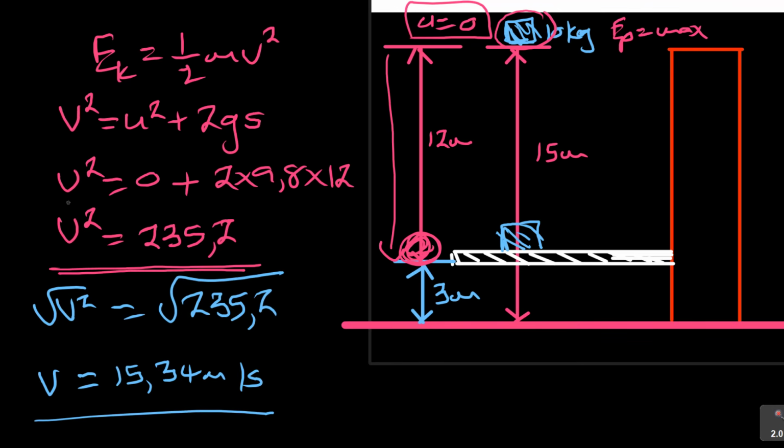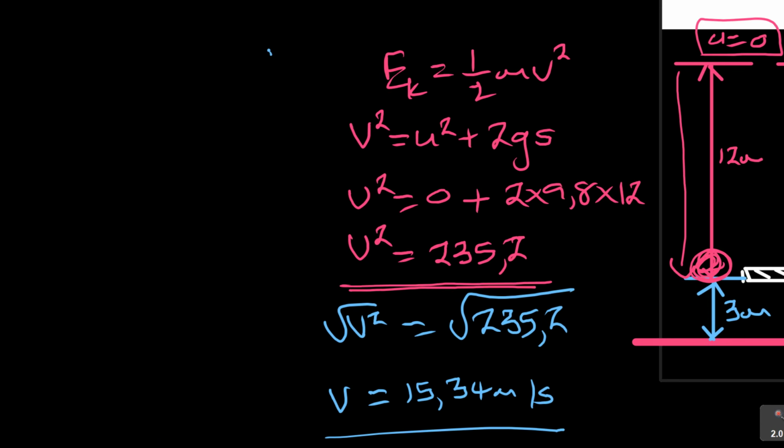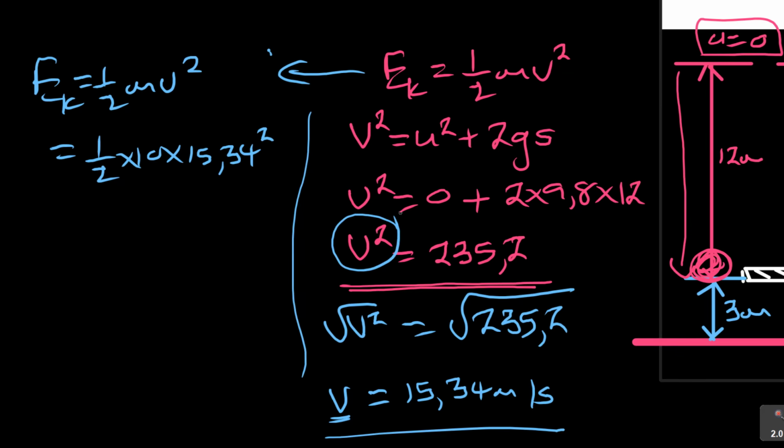We've got our velocity. But the question never required velocity. It says what? Kinetic energy. Then you come here and say, okay, I'll take it from there. My Ek is equal to half mv squared, which is equal to 1 over 2 times m was 10, remember, times, now look, v squared, I'll take this as v squared, which is 15.34 squared, but I should have actually used this value once, which is 235.2.